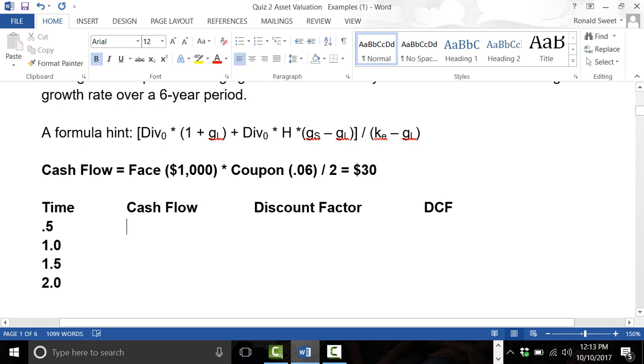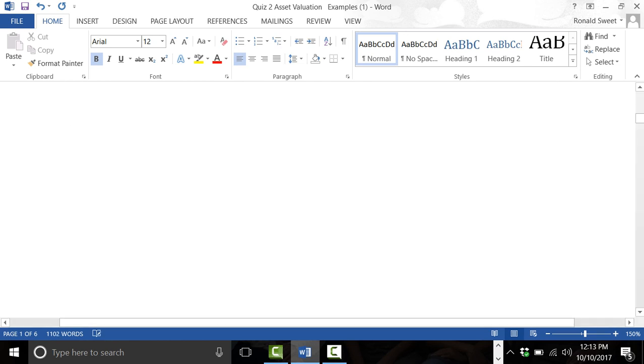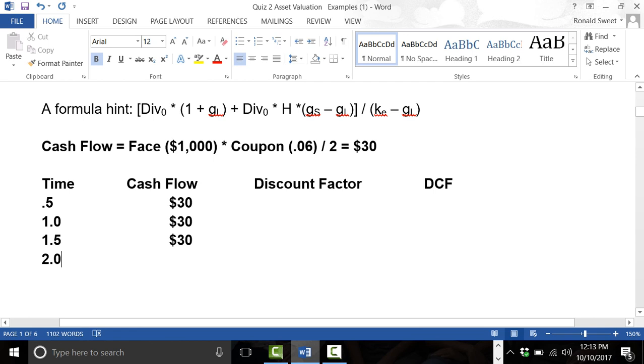So there's our cash flows, $30, $30. Let's put a dollar sign just so we're really clear. $30, and then at maturity we will get our $1,000 back plus one more $30.